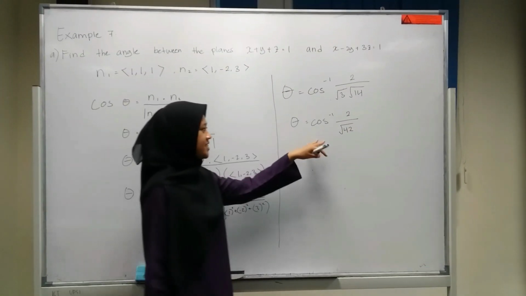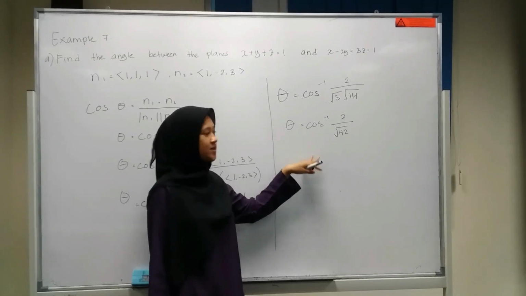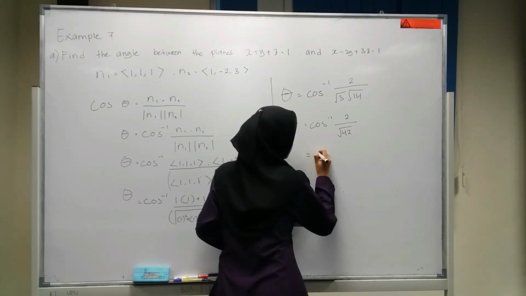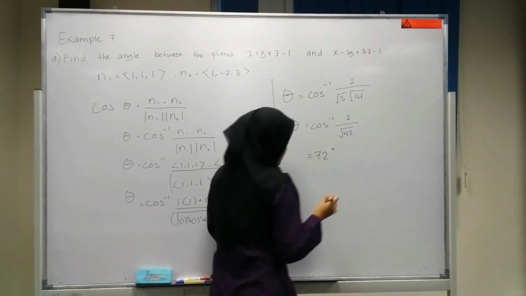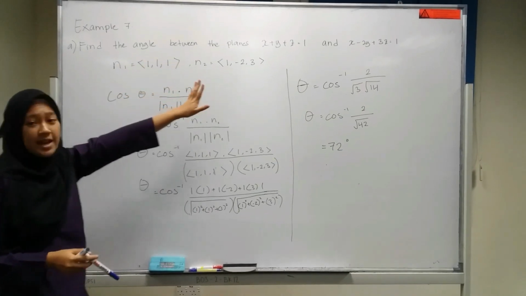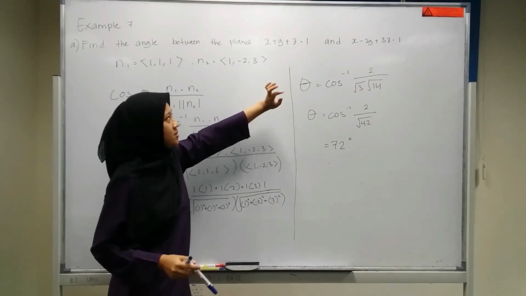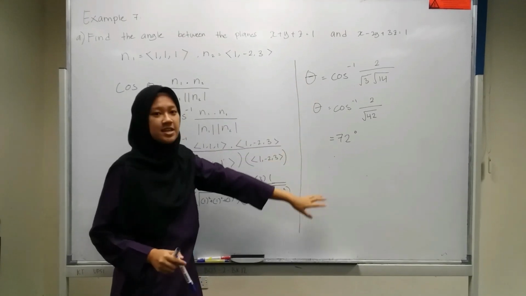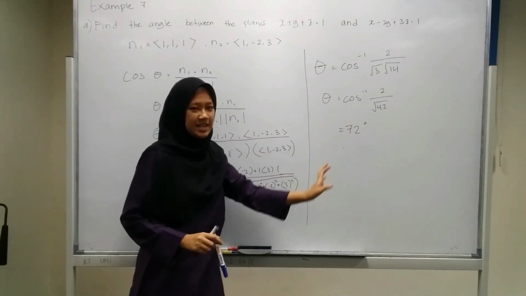We can simply use a calculator to calculate the value of theta, and we get theta is 72 degrees. So the angle between the planes x plus y plus z equal to 1 and x minus 2y plus 3z equal to 1 is 72 degrees.